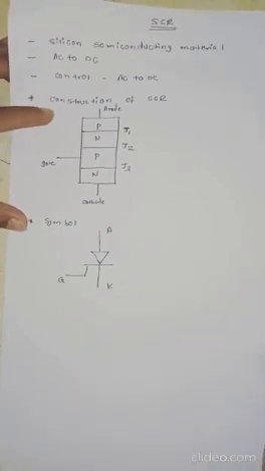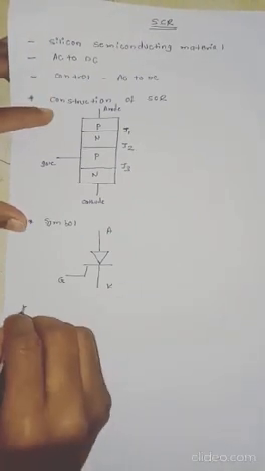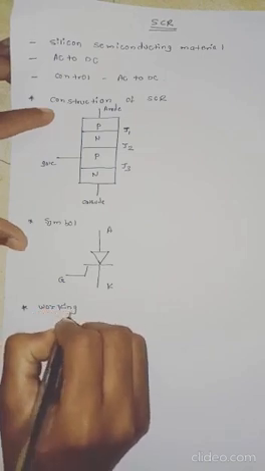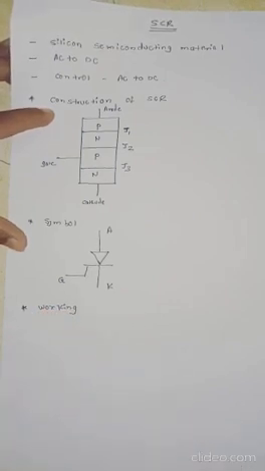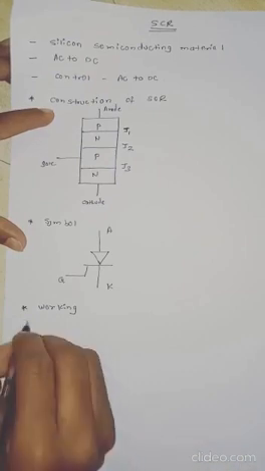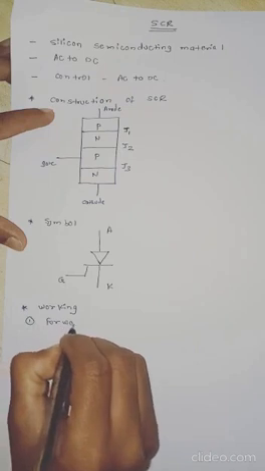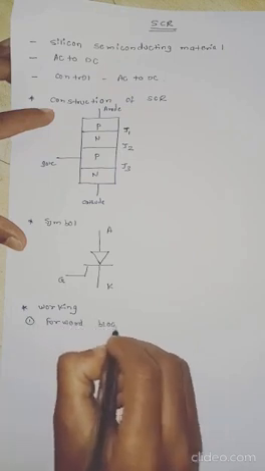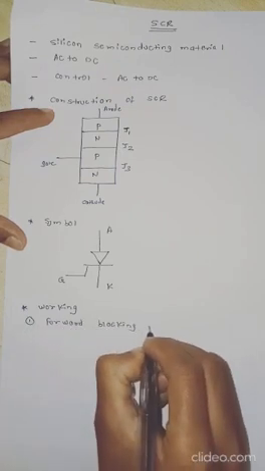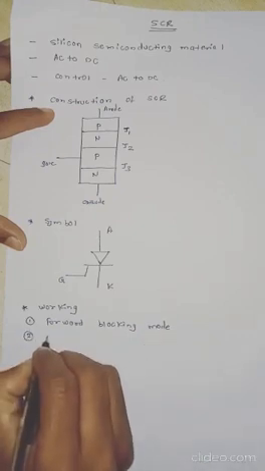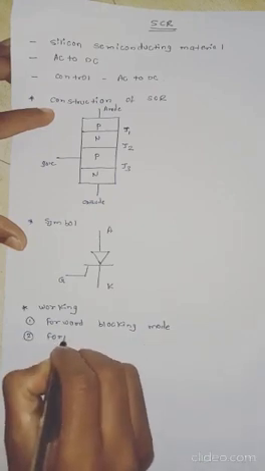Now let us see the working of SCR. The working of SCR can be divided into 3 modes. First is forward blocking mode. Second one is forward conduction mode.